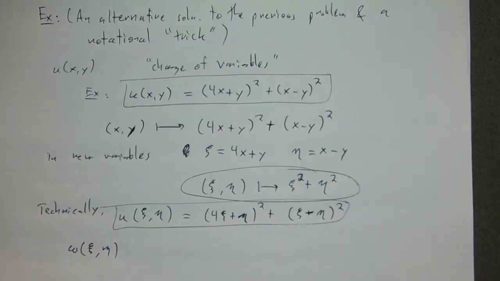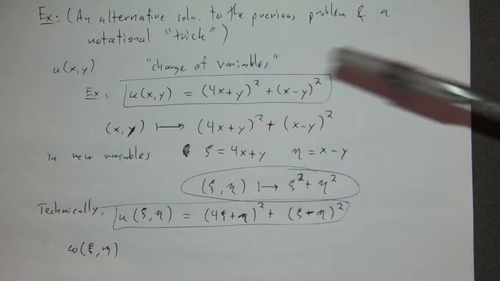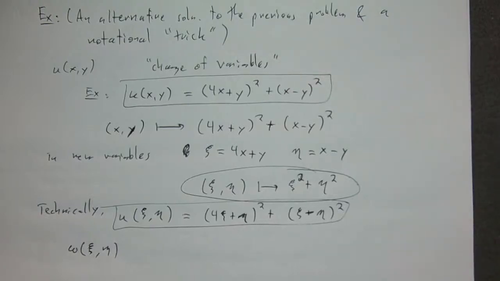Something like this. But the problem is that really what I want to do is basically just do this change of variables so that I can get the computation I want via chain rule, or chain rule type computation.